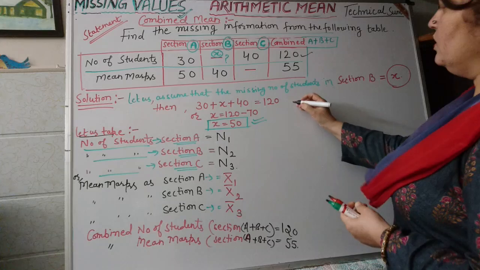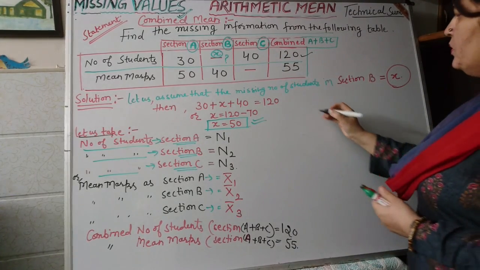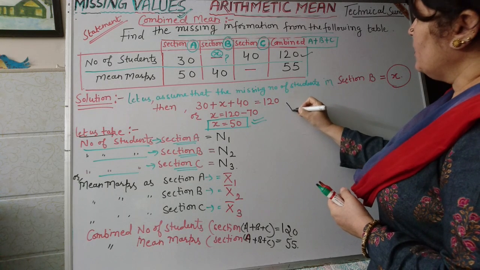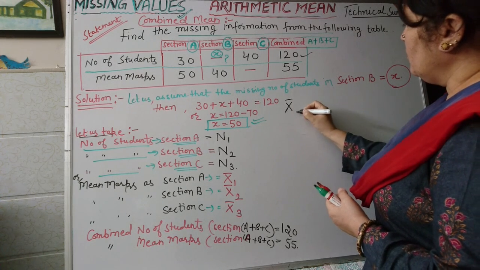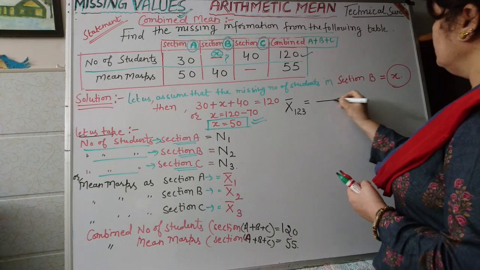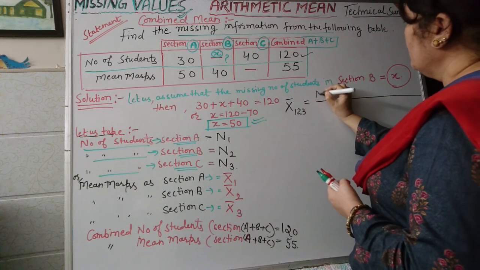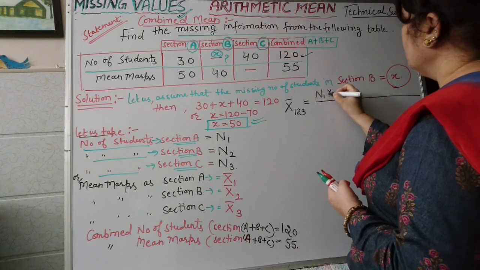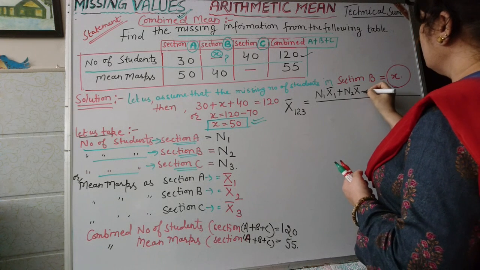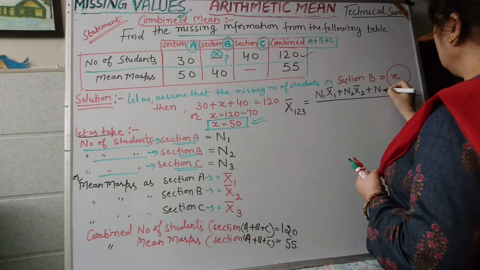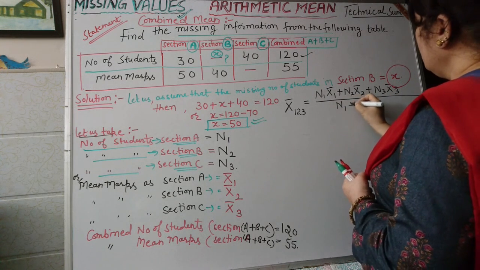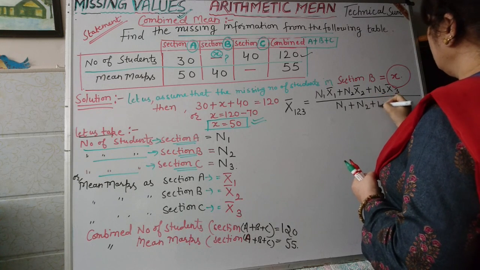Now let us calculate the missing values by putting the values in the combined mean formula. So the formula of the combined arithmetic mean of section 1, section 2, section 3 is equal to n1 multiplied by x bar 1 plus n2 multiplied by x bar 2 plus n3 multiplied by x bar 3, divided by n1 plus n2 plus n3.